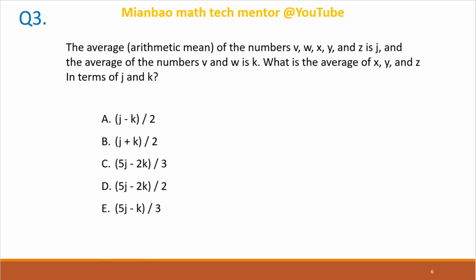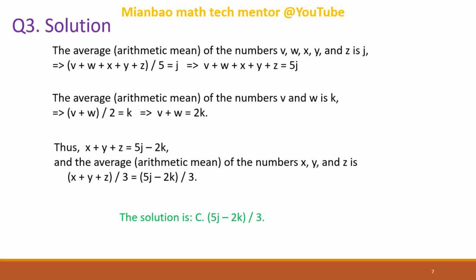Question 3. Which of the following answers is correct? A, B, C, D, or E? The average of the numbers V, W, X, Y, and Z is J. We have V plus W plus X plus Y plus Z equal to 5 times J. The average of the numbers V and W is K. We have V plus W equal to 2 times K. Thus, X plus Y plus Z equals 5J minus 2K.